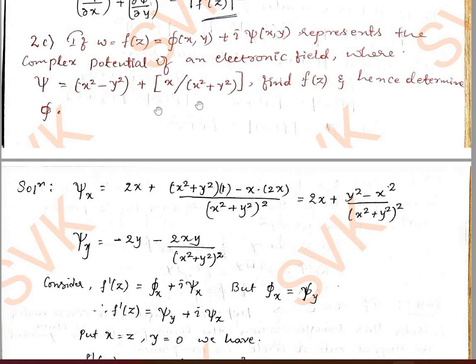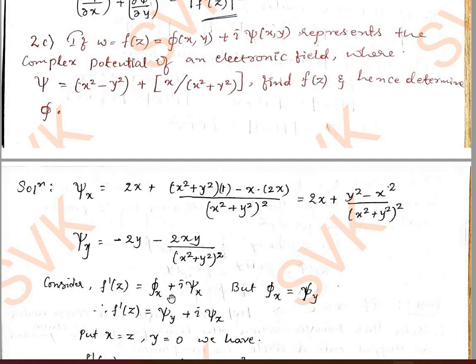This is what I have got. While differentiating this term, you should apply the quotient rule, as we have x by x square plus y square, while differentiating with respect to x. So simplifying that, we got psi x like this and psi y is this one.